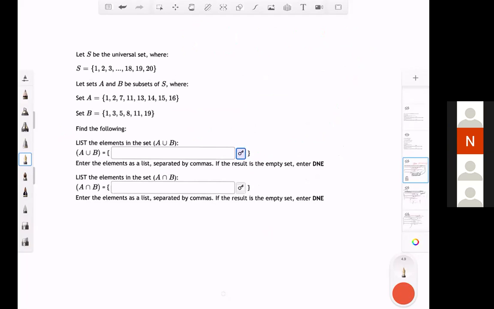So, let's see who's going to answer this question. Let set S be the universal set. So this is our universe.